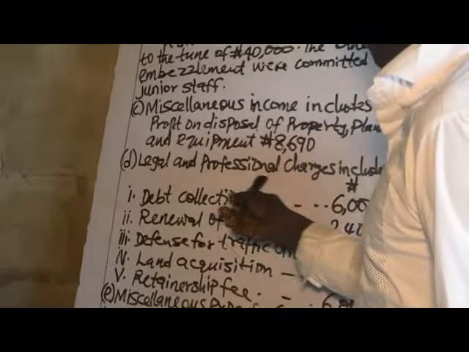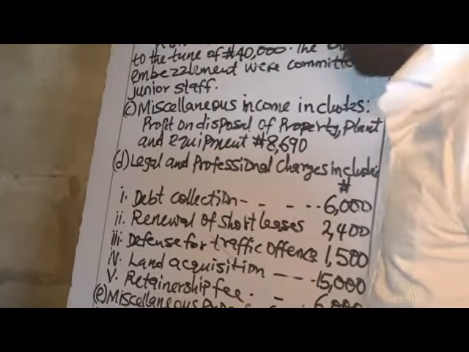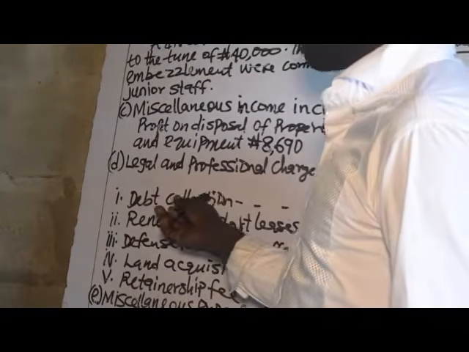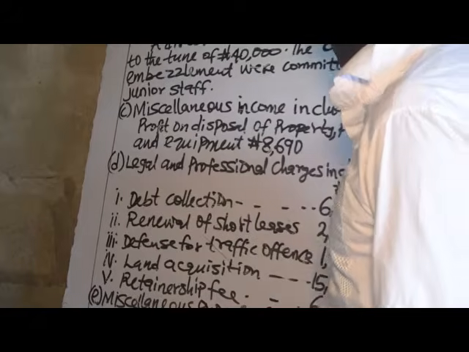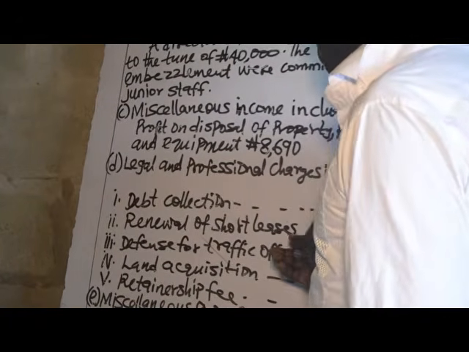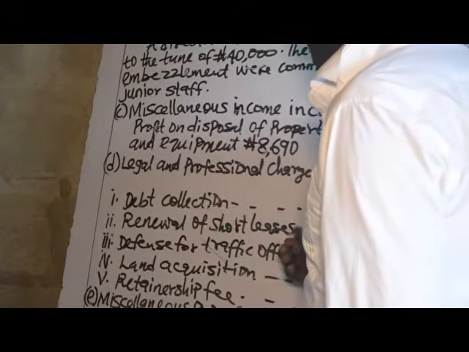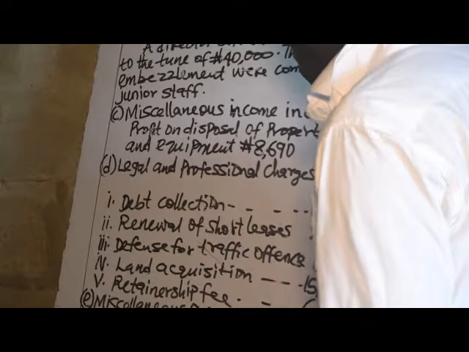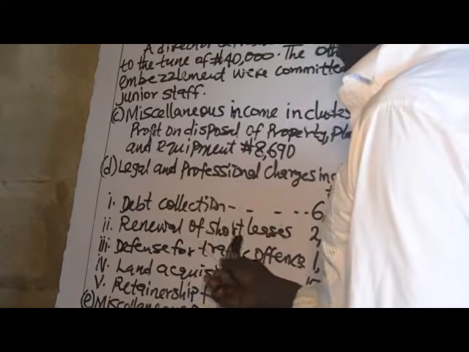And you were told that legal and professional charges include these items. Debt collection. Debt collection is allowable. Since it is allowable, that means the 6,000 will be ignored. That means it is an allowable expense reported in the account. So we don't need that. That should be ignored. Renewal of short leases.